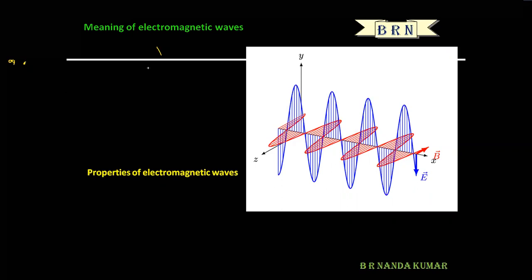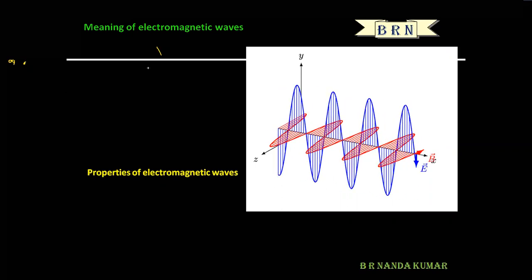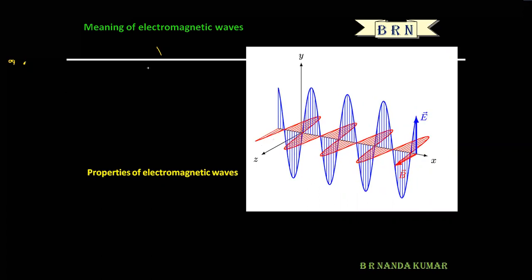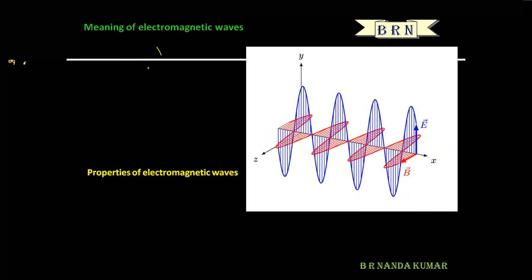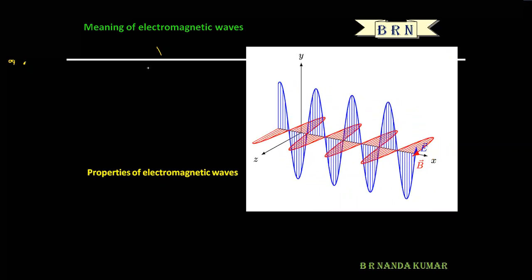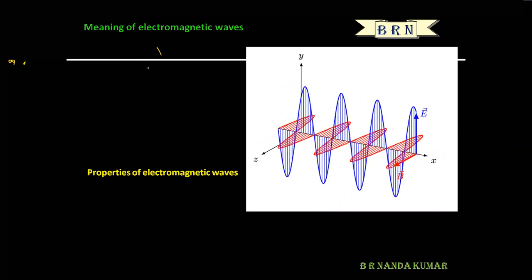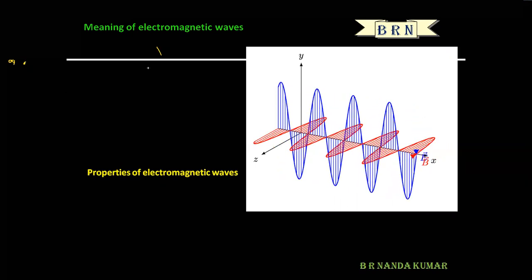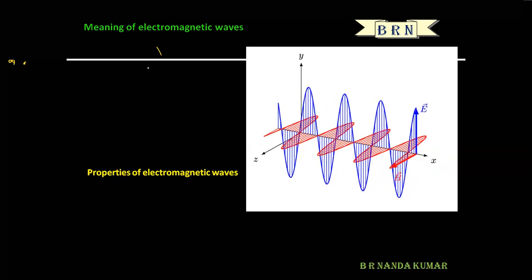The second very important property is that they are produced by accelerated charges. It means the accelerated charged particle produces the electromagnetic waves.